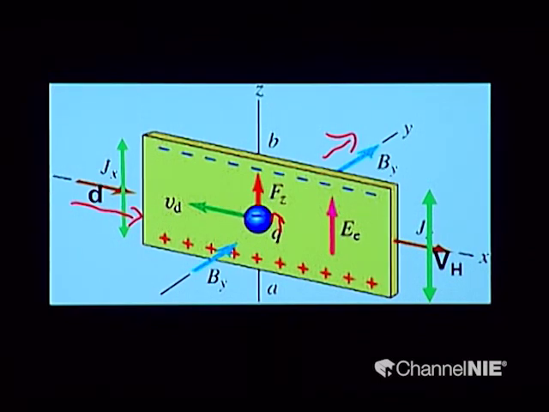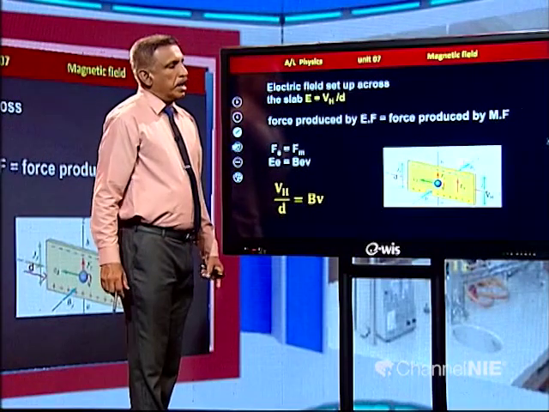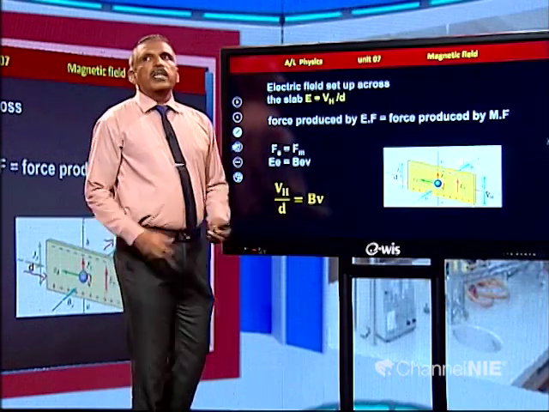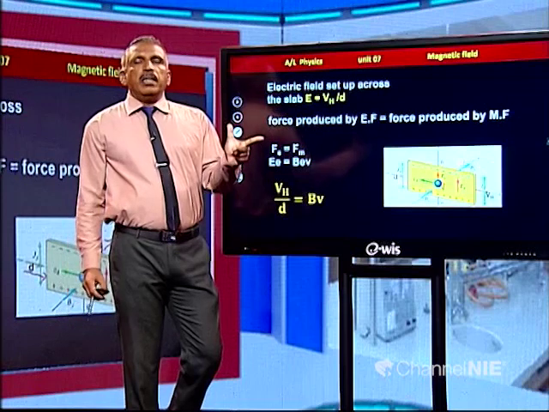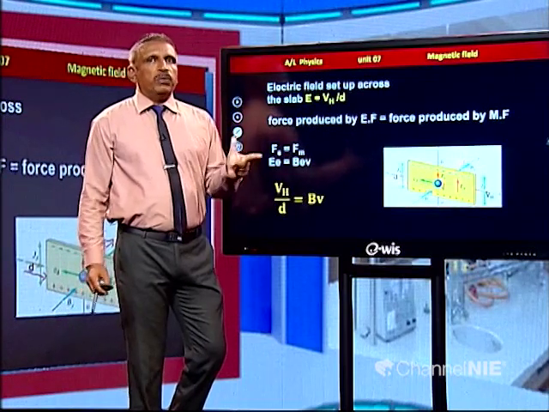So, you take your left hand and find the direction of this magnetic force using Fleming's left hand rule. Take your 3 fingers: the first finger in the direction of field, the second finger in the direction of current, and the thumb indicates the direction of the force.